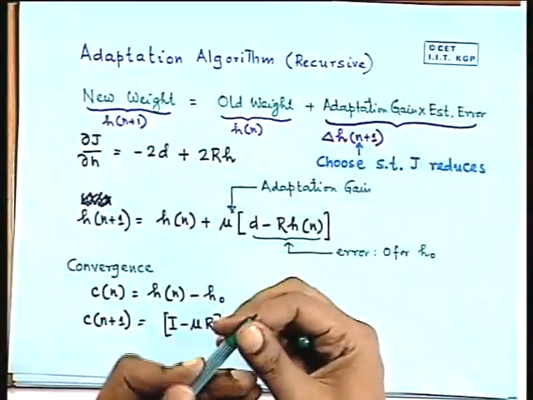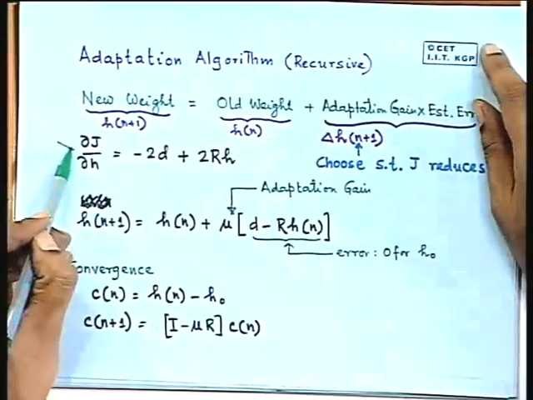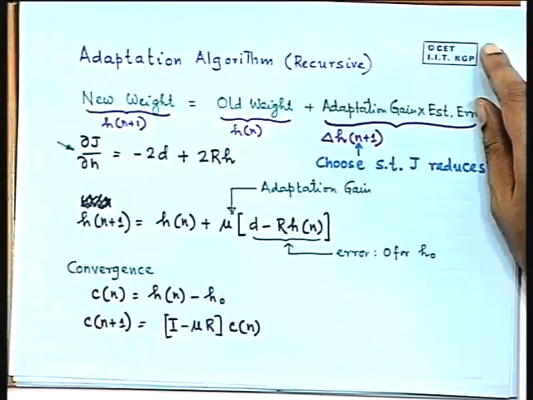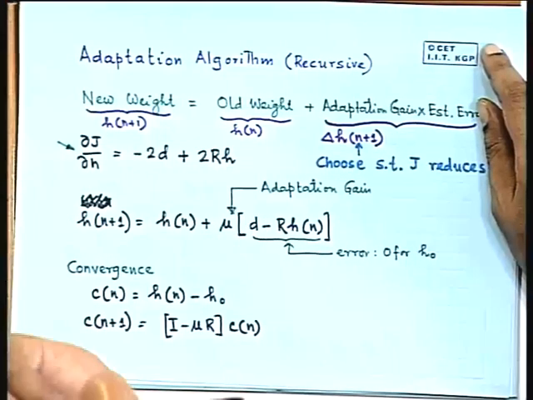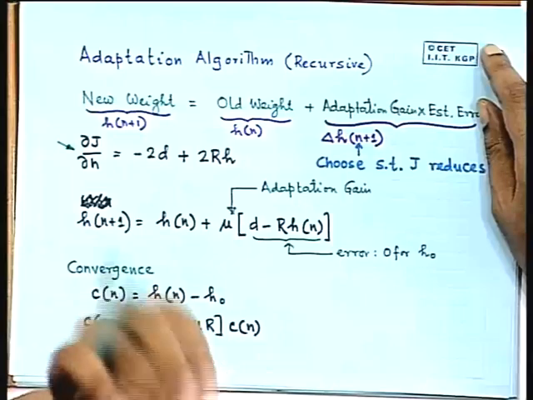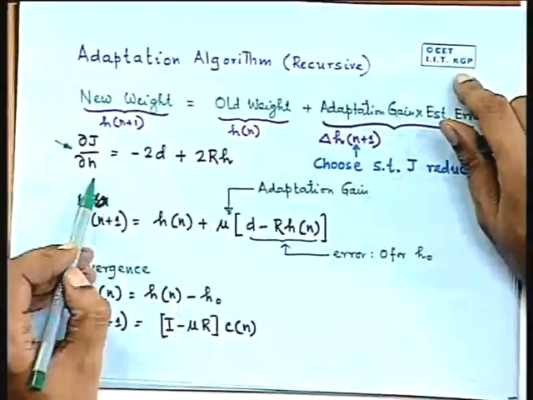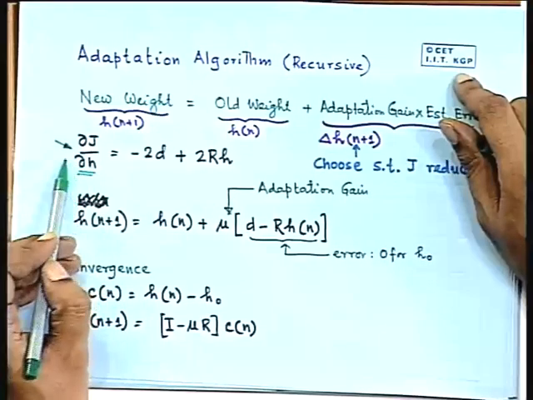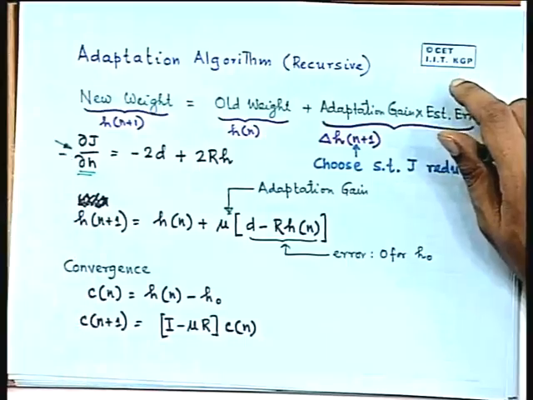So what is done is you calculate del J del H. So what is del J del H? Del J del H says that if you change H to H plus delta H, then J changes to J plus delta J. So you should always update in the direction of minus del J del H. Why?